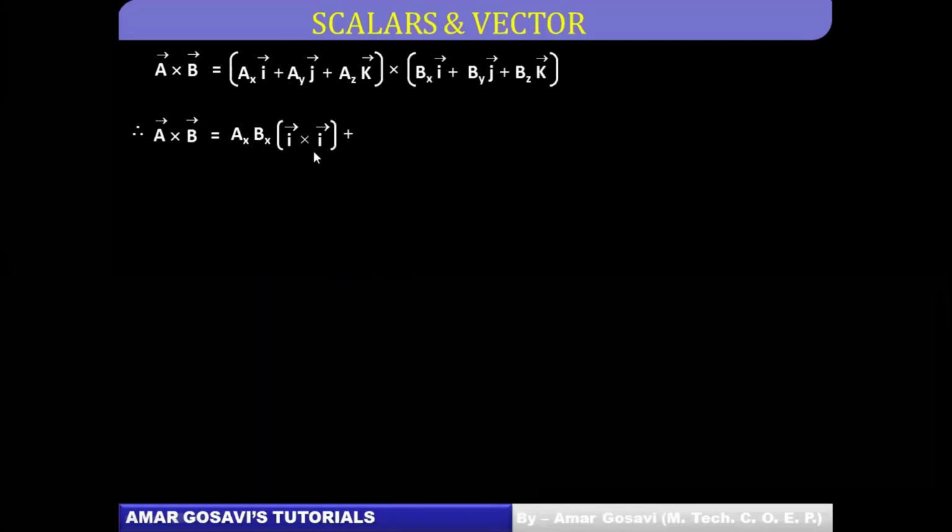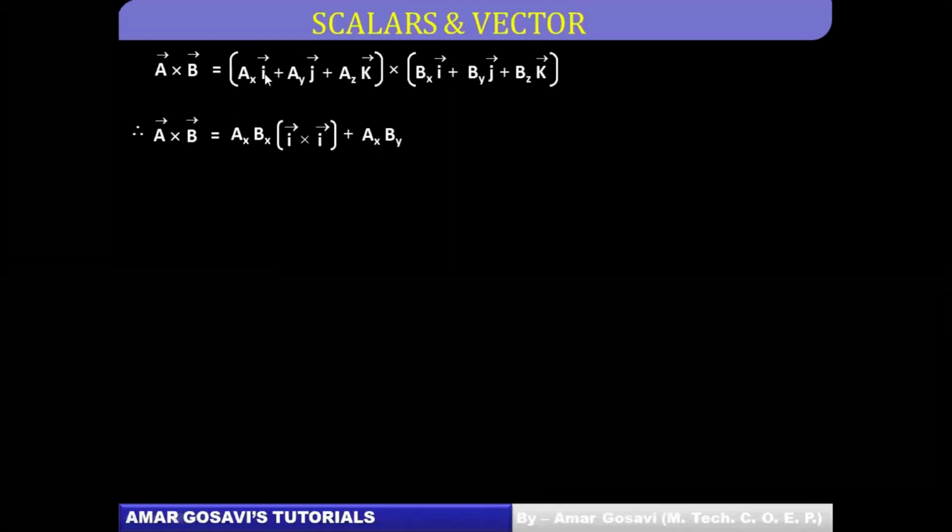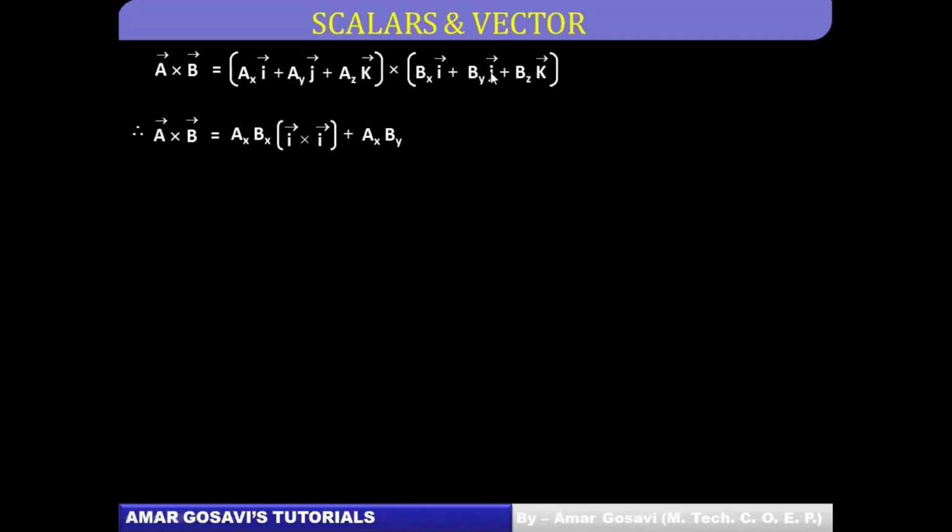Similarly, the second term plus Ax By, and it will be i cross j in the bracket. Ax By i cross j. The third term for the first row would be Ax Bz, and then it would be i cross k. This is how you have multiplied Ax with the entire bracket of B.